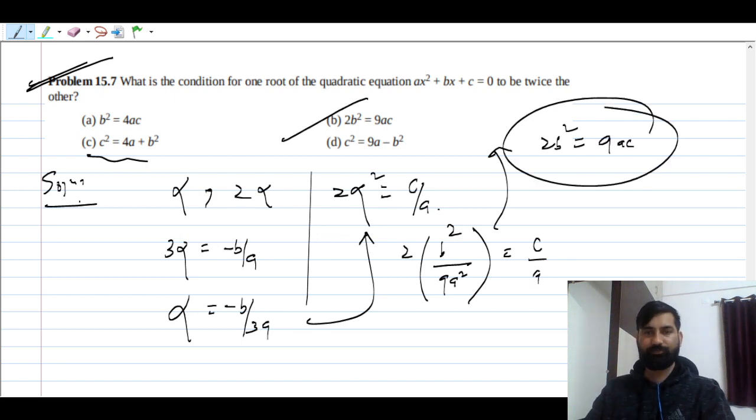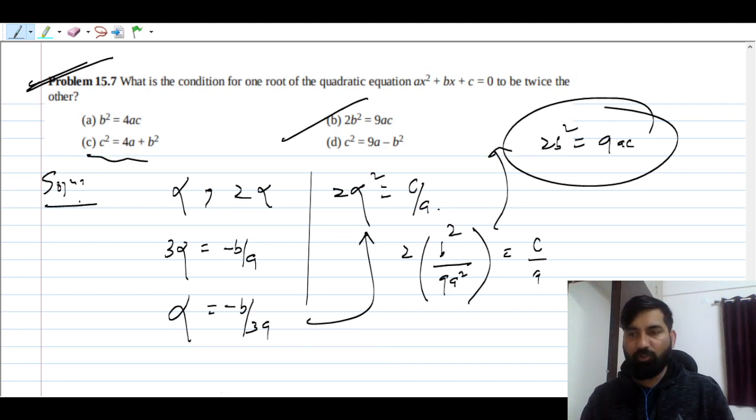Option B is correct. Okay? So sometimes we can take the value, sometimes we can also solve it according to the question. Okay, so this is done, this is very important. Now these kind of questions you can expect in your GATE exam from the quadratic equation.